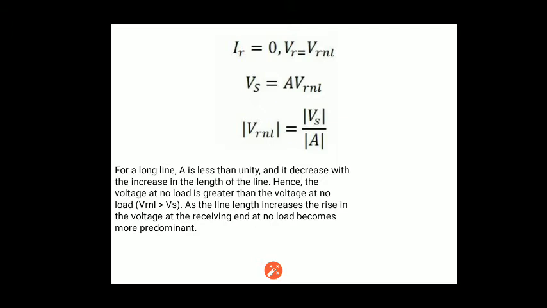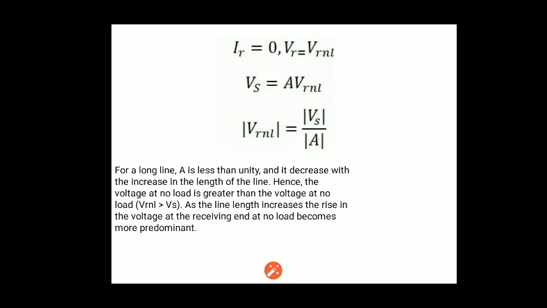So finally VRNL is equal to Vs, the sending end voltage, divided by A. For a long transmission line, A is less than unity and decreases with the increase in the length of the line. Hence, the voltage at no load is greater than the voltage at load. So VRNL is greater than Vs.